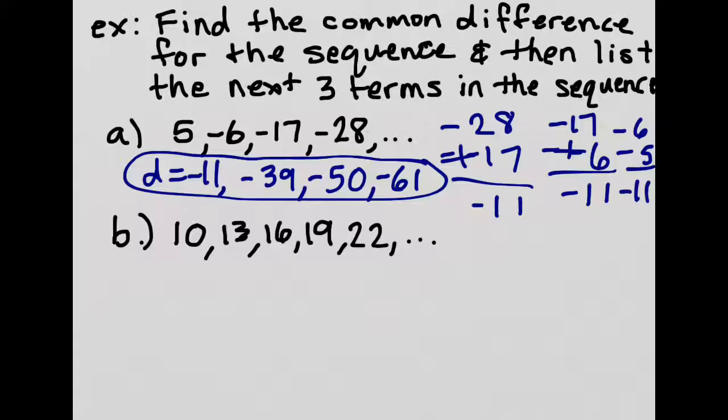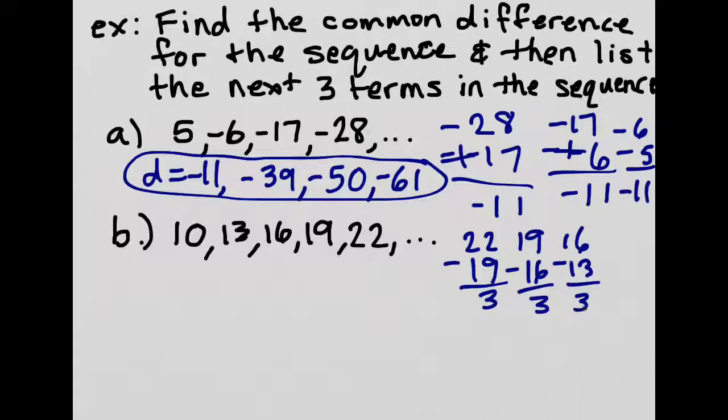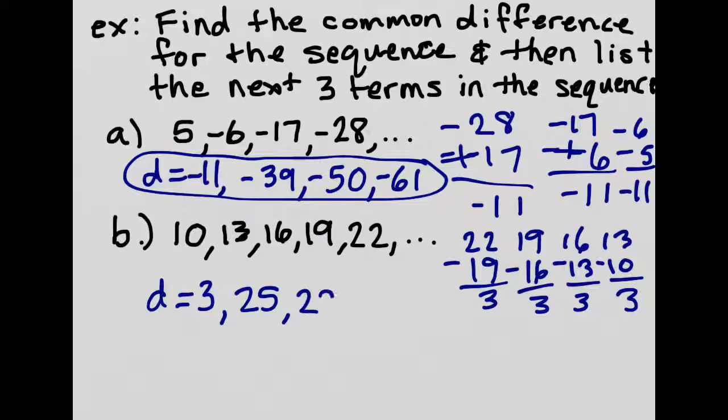There we go. So 22 minus 19 is 3. 19 minus 16 is 3. 16 minus 13 is 3. And 13 minus 10 is 3. So we know the common difference is 3. Now we just need to list the next three numbers. So if we add 3 to 22, we'll get 25. 25 plus 3 is 28, and 28 plus 3 is 31.